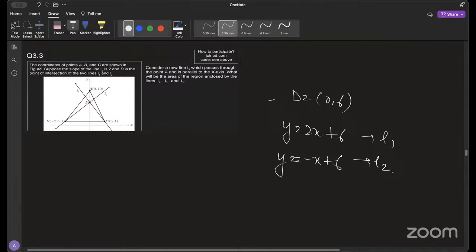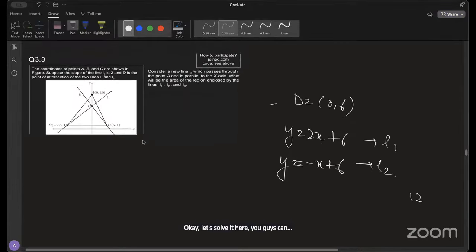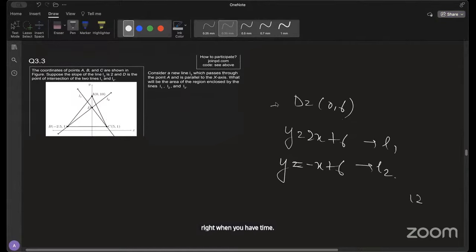Answer is 12 square unit. Okay, let's solve it here. You guys can try it when you have time.